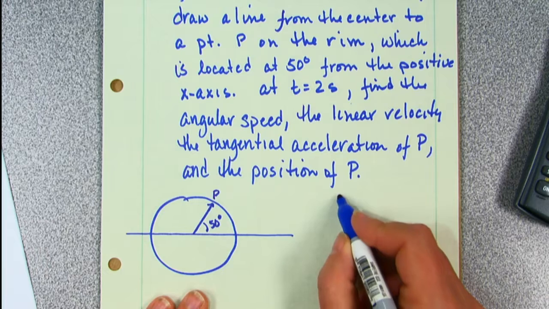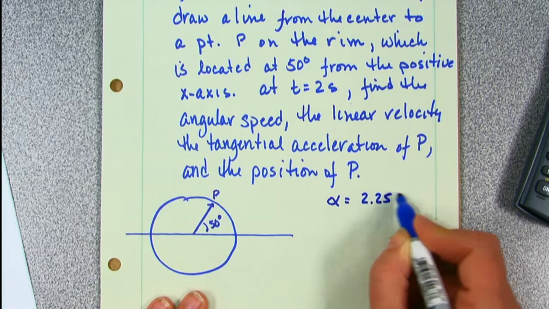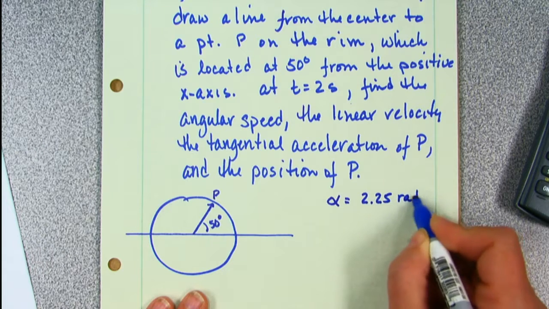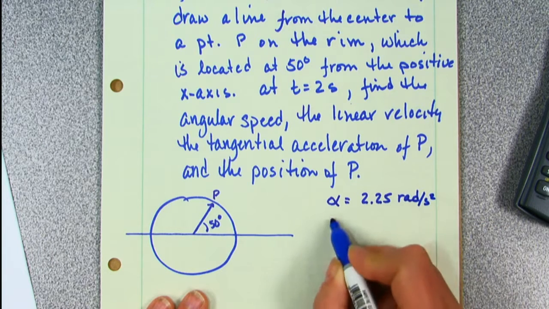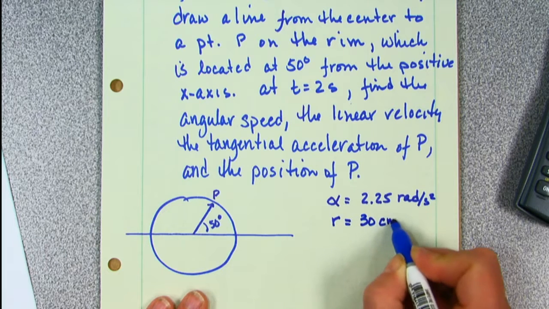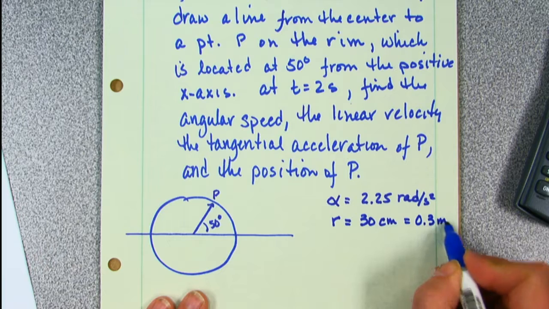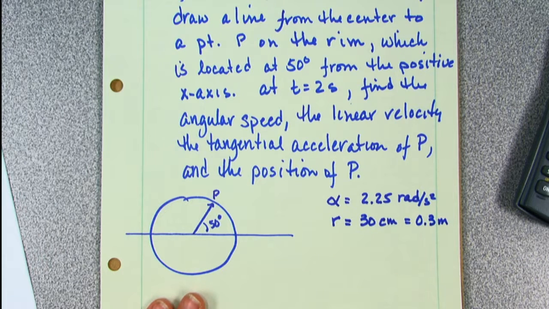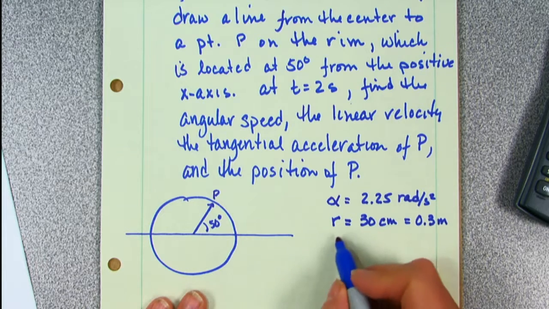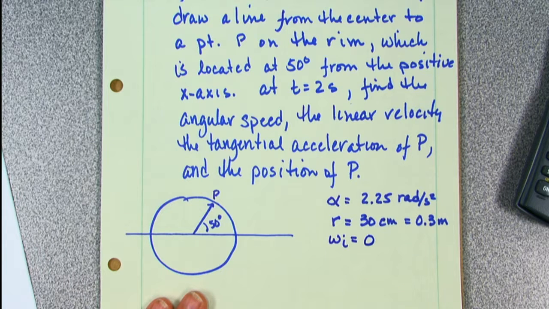We're told that I've got an angular acceleration of 2.25 radians per second squared. My R is 30 centimeters. I probably don't want it as 30 centimeters, I probably want it as 0.3 meters, so I'm going to go ahead and convert it over. We know my initial angular velocity is 0 because we're starting at rest.